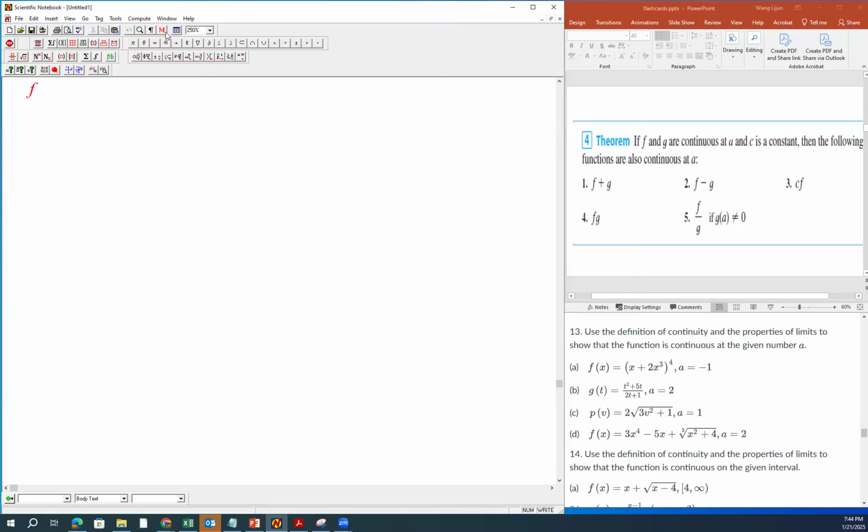You say f is a polynomial, and it is continuous in the entire domain, negative infinity to positive infinity. And a equals negative 1 is in its domain.